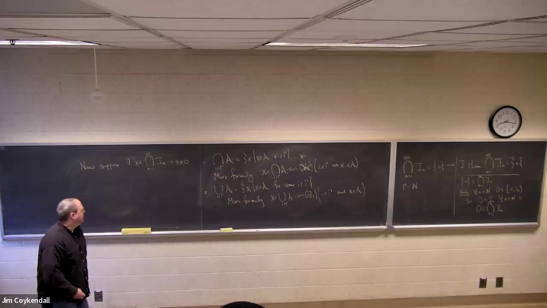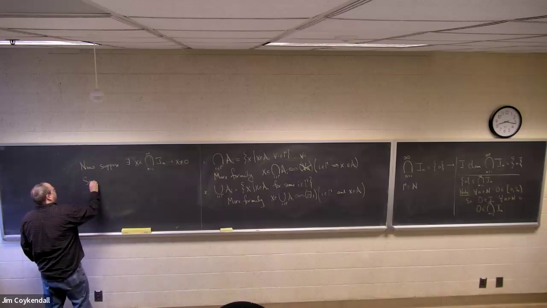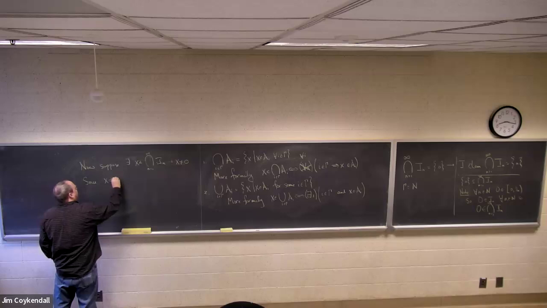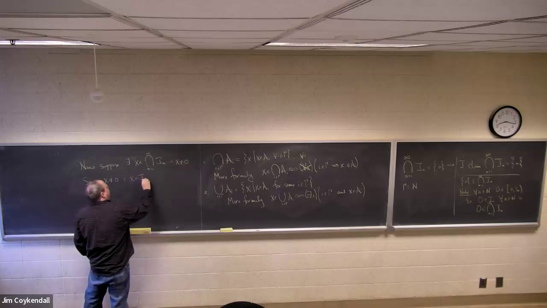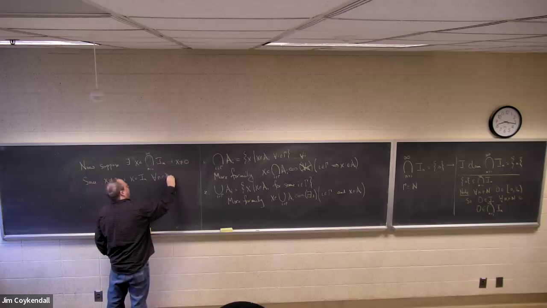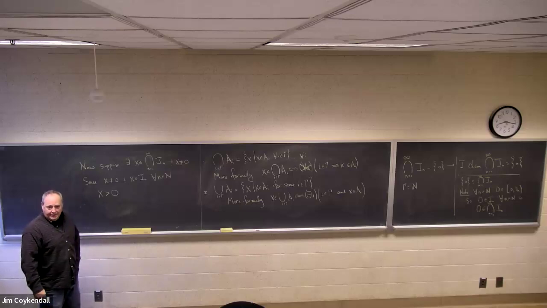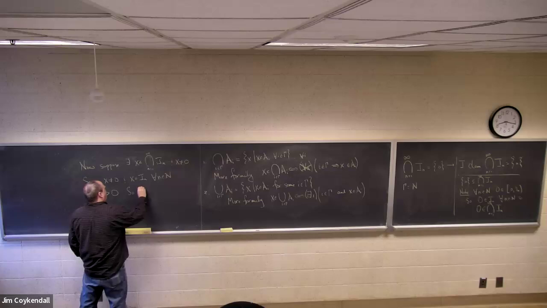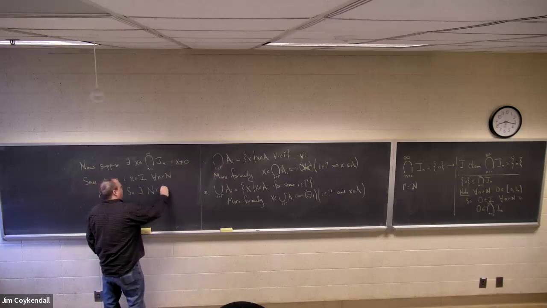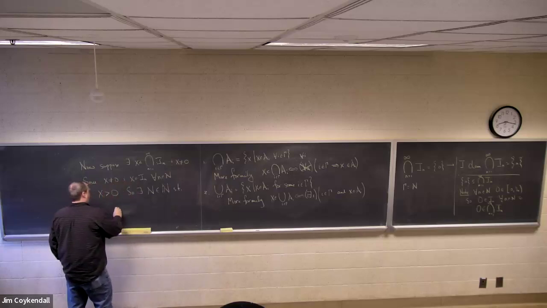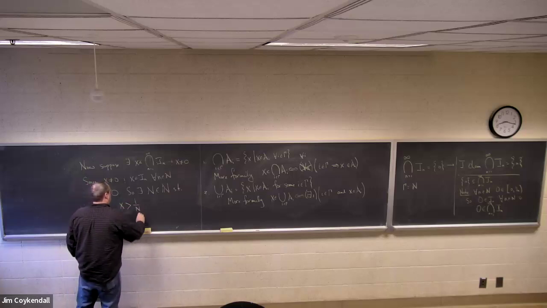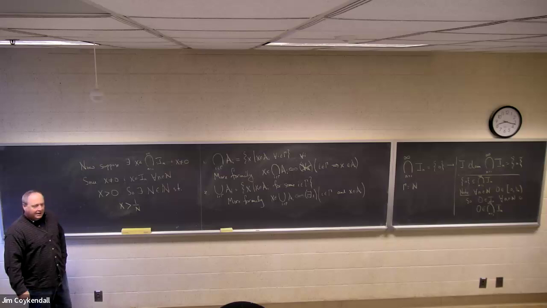There are many, many ways to state the Archimedean principle, but since X is not 0 and X is in I_n for all n, X is a positive real number. Do I agree with that? So there exists a capital N in the natural numbers such that 1/N is less than X. This is the Archimedean principle.